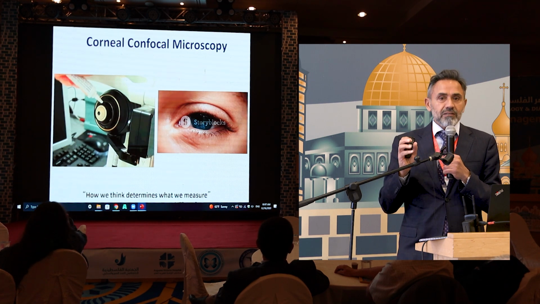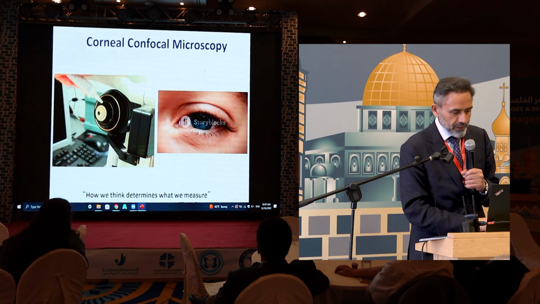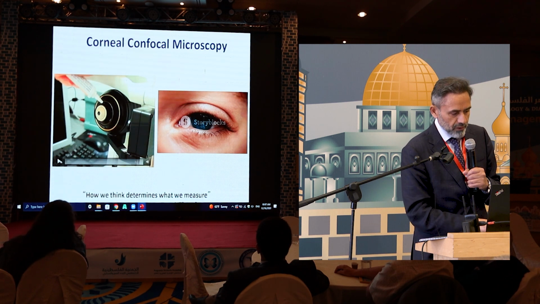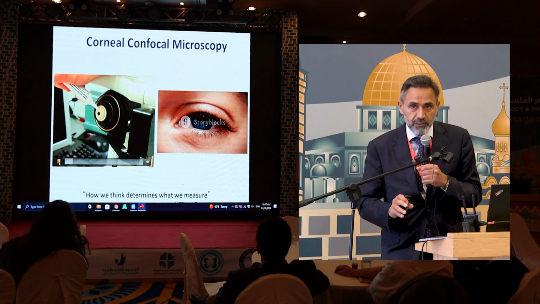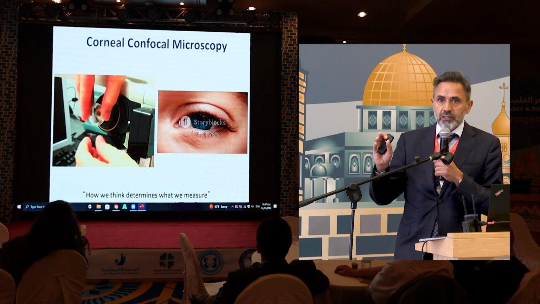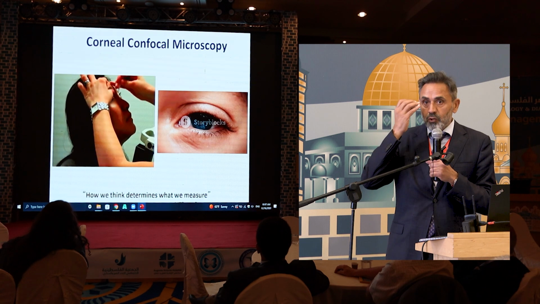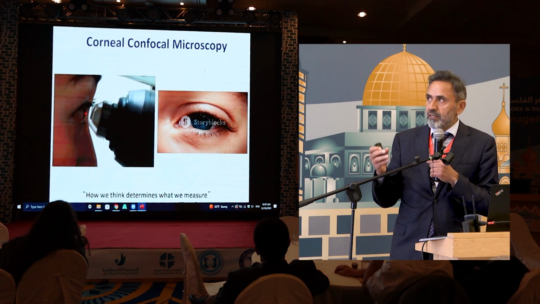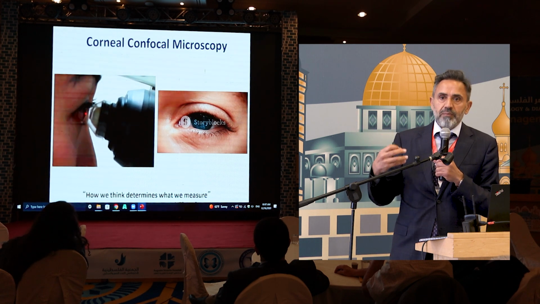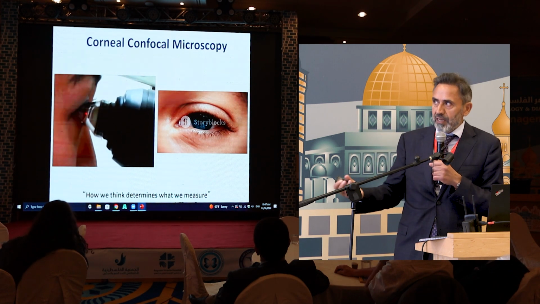He doesn't understand neuropathy. So this is something called corneal confocal microscopy, which is an ophthalmic instrument which measures small nerve fibers in the cornea, in the eye. Okay, and it's a very simple, easy technique. Whereas if I wanted to measure small fibers in the skin, I have to do a biopsy, I have to send it to the lab.